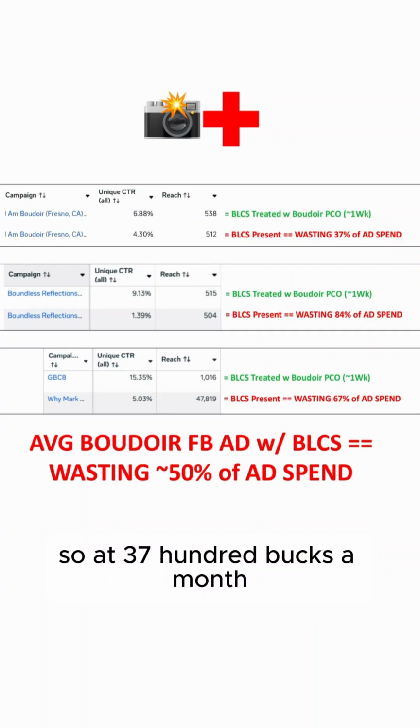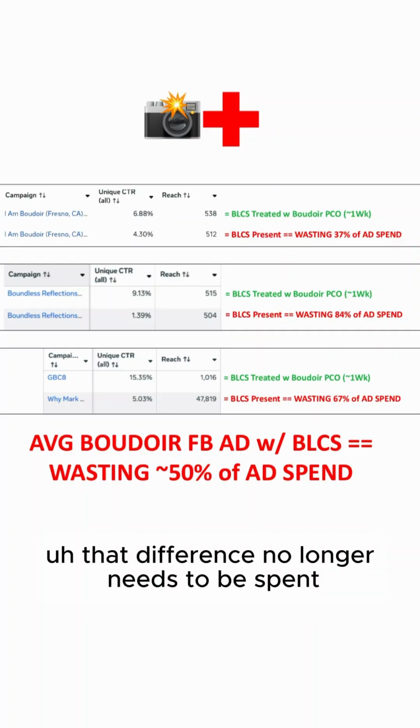So that $3,700 a month difference no longer needs to be spent.